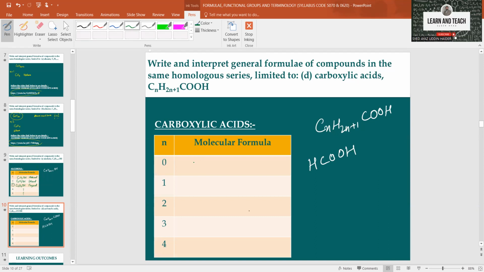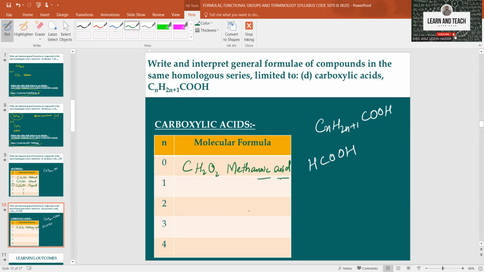So the molecular formula will be CH2O2. As there is only one carbon atom, so you write methanoic acid. The name ends on oic acid.